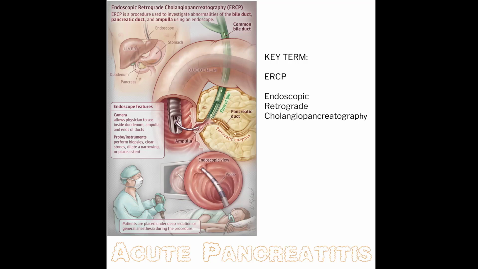As a quick overview, a camera is inserted into the esophagus, threaded through the stomach and into the first part of the duodenum. The camera then allows visualization of the stomach, of the duodenum, and the ampulla of Vater.